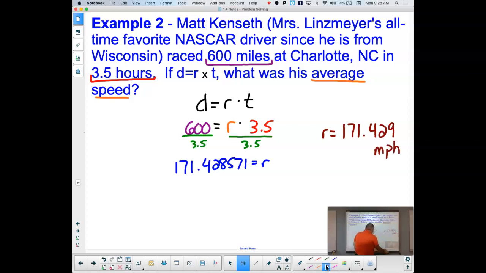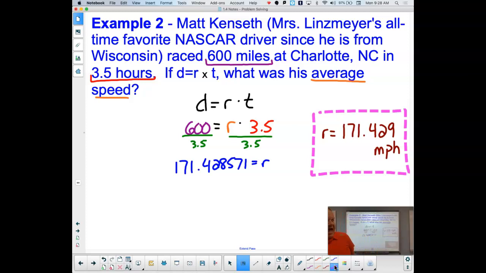miles per hour. Now, you're going to say to yourself, Linz, you told us last week you don't like decimals. And your answer is, yes, I don't like decimals. However, when we're talking about miles per hour, I'm not going to say 6,000 over 35 miles per hour.